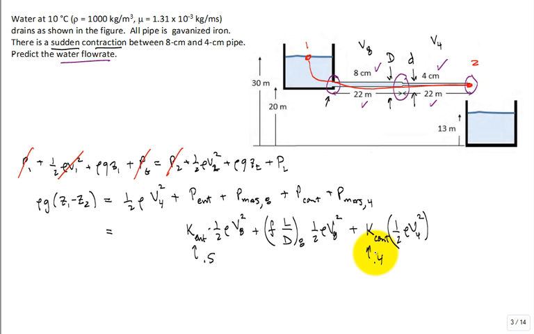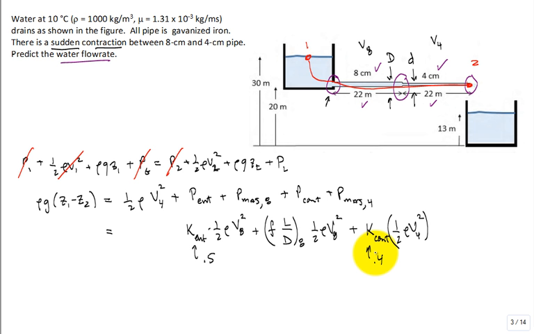May I ask where you find those 0.5 and 0.4? Sure. It's table 8.4 in the textbook, on page 377.